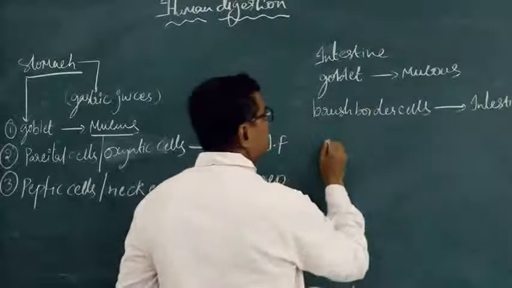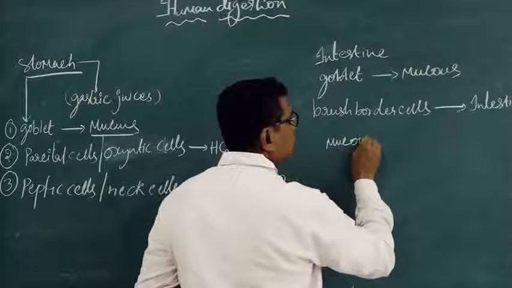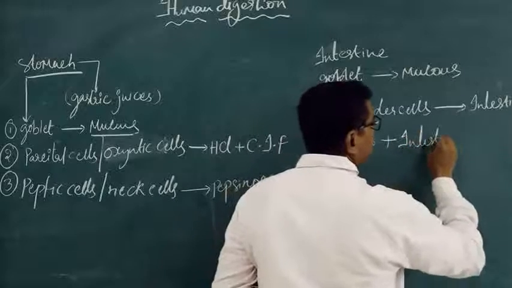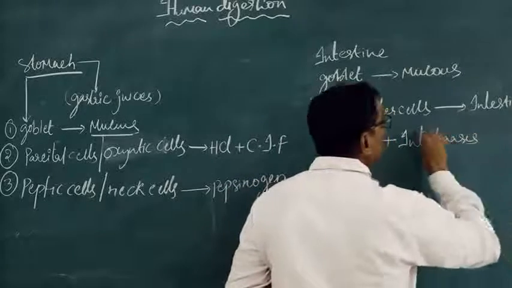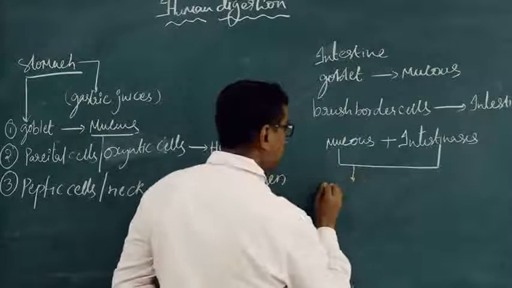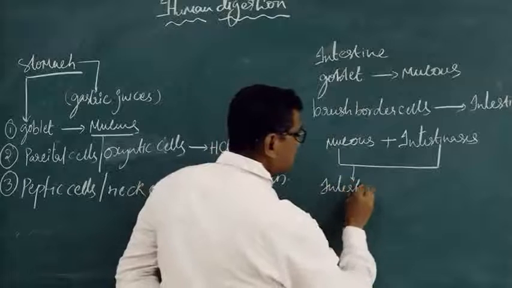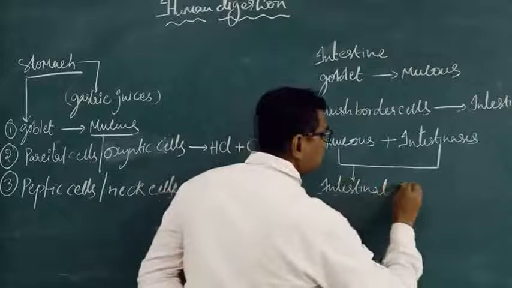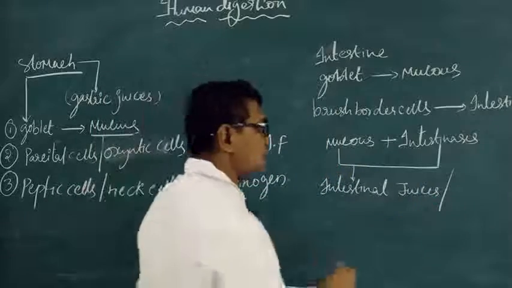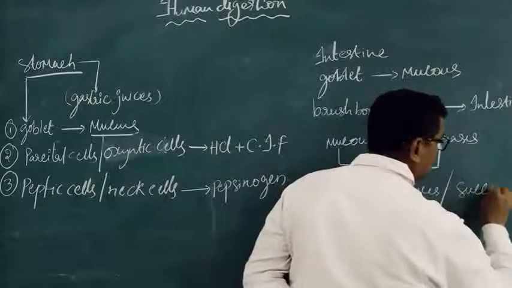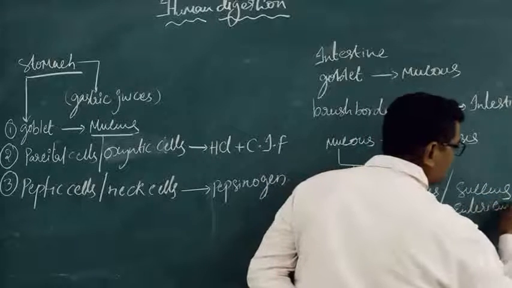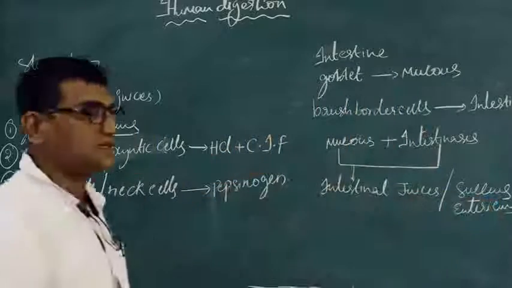These two, the mucus produced from the goblet cells plus intestinases, are collectively called intestinal juice or succus entericus.